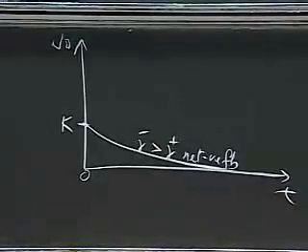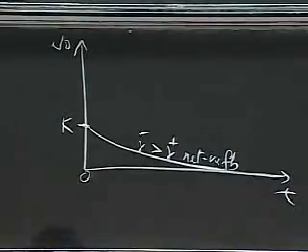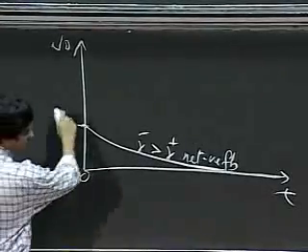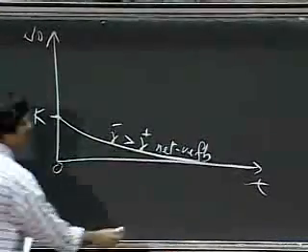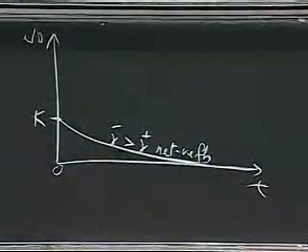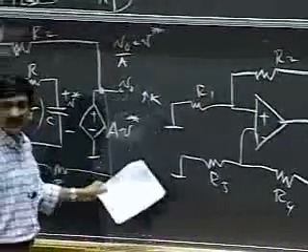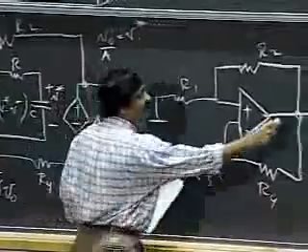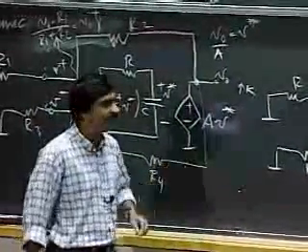So I'm feeding the output back to both the positive and negative inputs, and if my negative input has a stronger effect, then I'm going to see the op-amp output decay down to a value that I expect, which is going to be 0. Notice that since I'm not applying any input here, I expect the stable point to be the output going to 0. I don't have any input there.